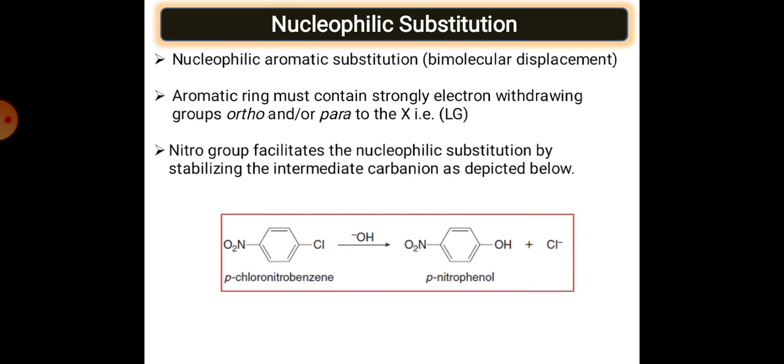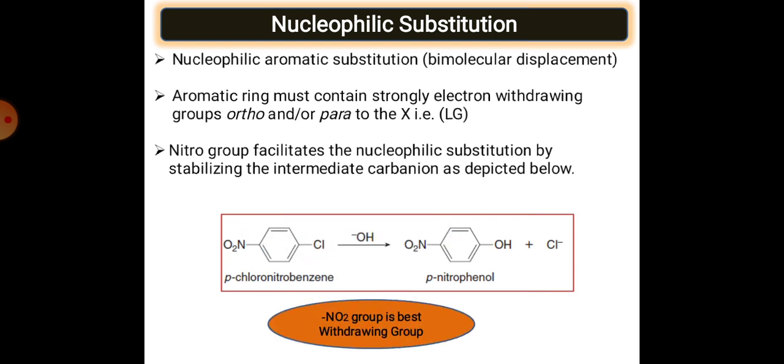In the first step we just add the nucleophile and get the carbanion as an intermediate, because electron density is increased by the OH. Finally, with displacement of Cl, we get the product. So the synthesis of para-nitrophenol is done with the help of the hydroxide ion.